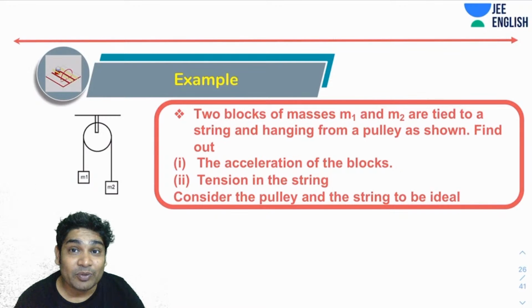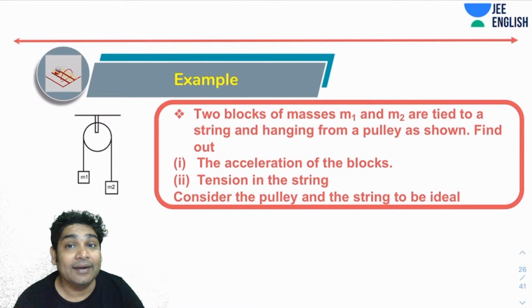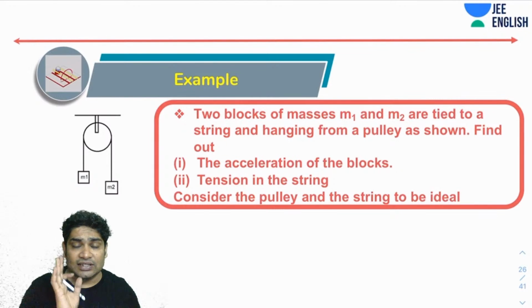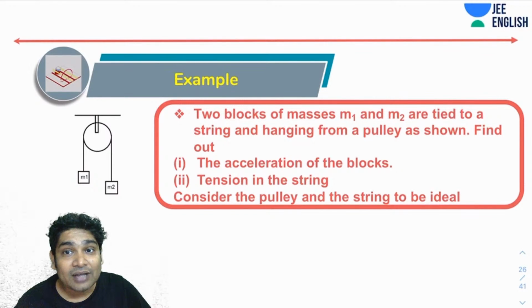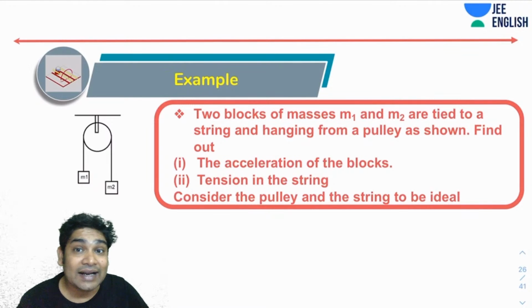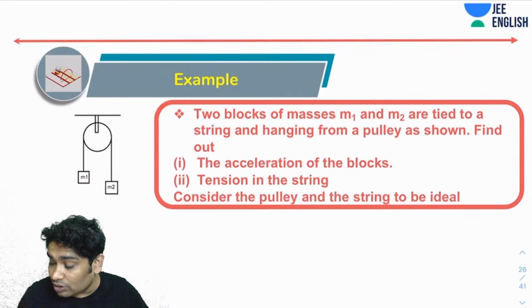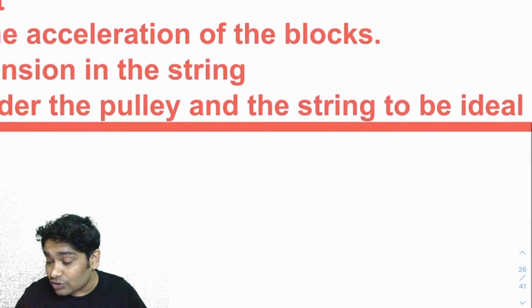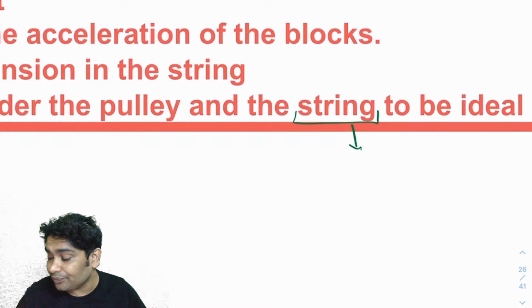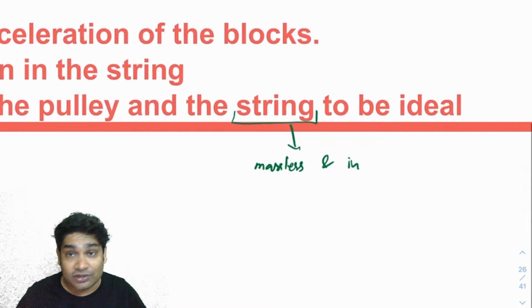Alright, so in this problem you've been told that two blocks of masses m1 and m2 are tied to a string and hanging from a pulley as shown. This is a simple Atwood machine problem, the most simple setup that you will see, and you have to find the acceleration of the blocks and the tension in the string. You've also been told to consider the pulley and the string to be ideal. Now I hope you remember what that was. An ideal string is massless and inextensible, which means you can't stretch it.